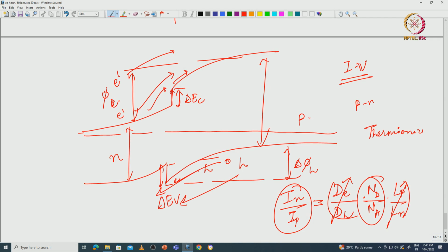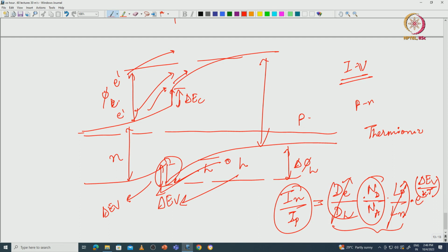Because of the way the band diagram looks, if you do simple math, you will find that the ratio of electron to hole current is not only this, but it is multiplied by the exponential of delta EV by kT, where delta EV is the valence band discontinuity, and kT is the Boltzmann constant times temperature, your thermal energy.